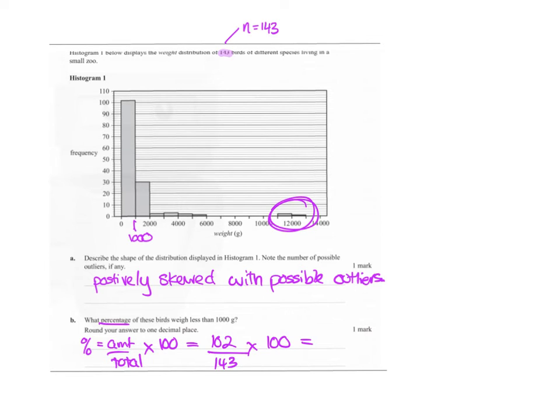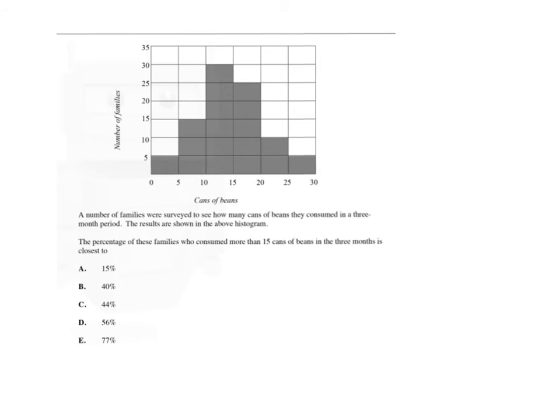All right, we should be taking note that it says 1 decimal place. So I got 71.3%, okay?